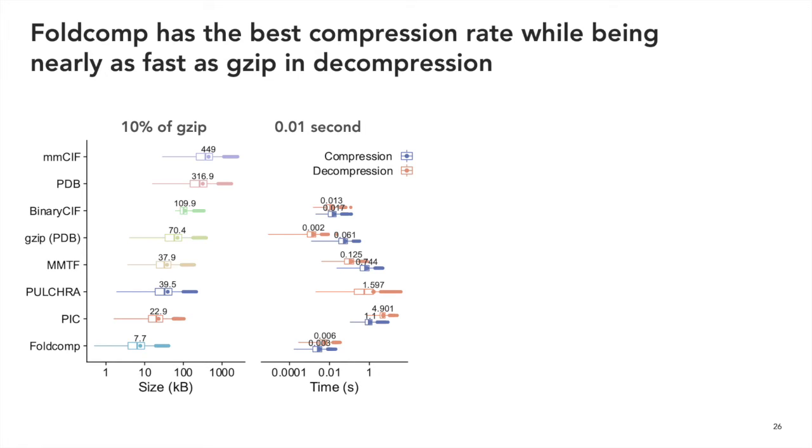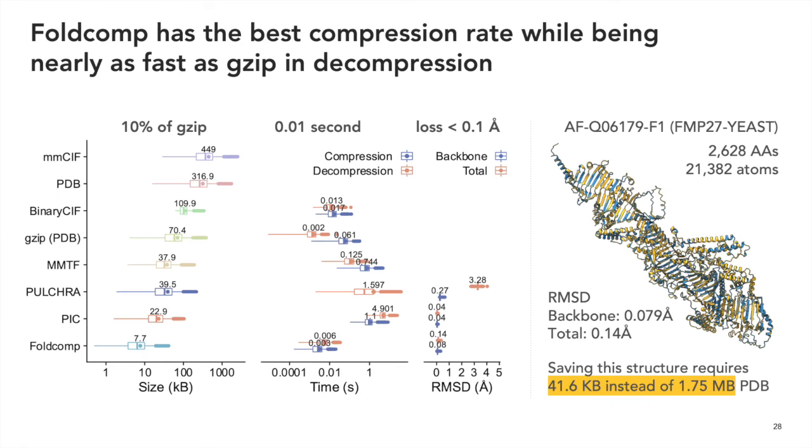It takes less than 0.01 seconds for compressing and decompressing, so it was almost as fast as gzip in the processing. And the final loss was less than 0.1 Angstrom.